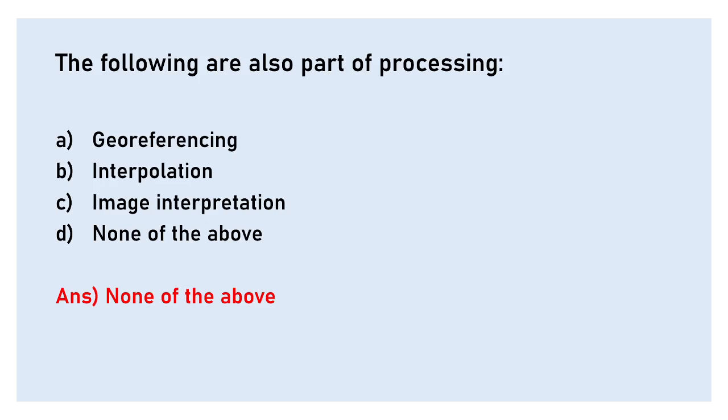If you're getting an image, without giving it the geographical representation, we'll not be able to proceed further. So for that purpose, you have to do georeferencing. Then you have some data points within that image, you have to do interpolation. Then you have to do image interpretation. So all these things are actually not part of processing, but rather somewhere in the pre-processing and somewhere in between.